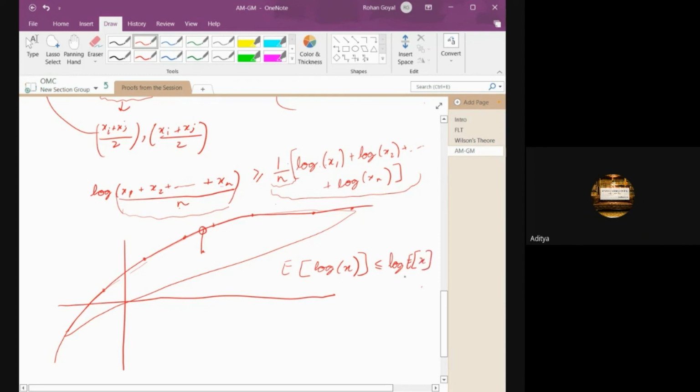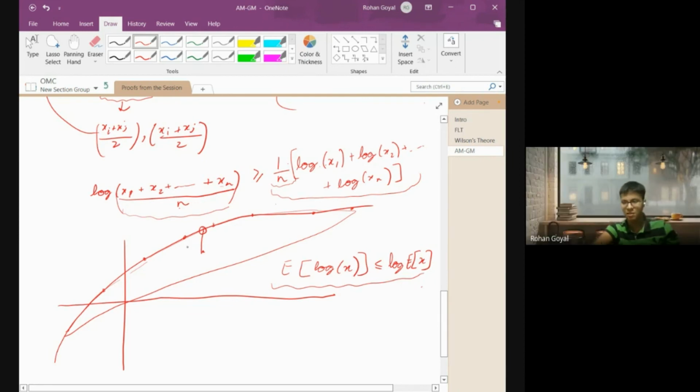Yes. See, this is basically the result you're trying to prove, so you can't directly use that. You're just rephrasing the result, which is not a proof. Rephrasing the result is not a proof.